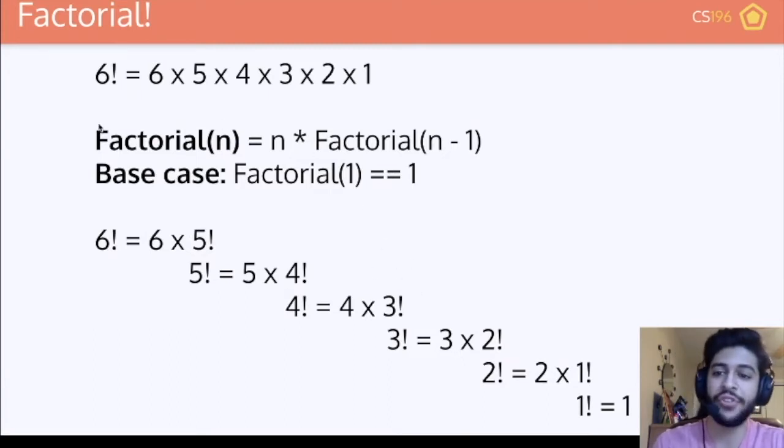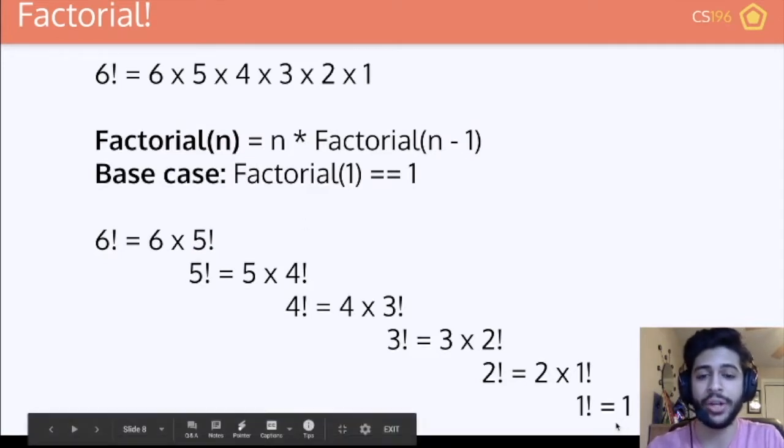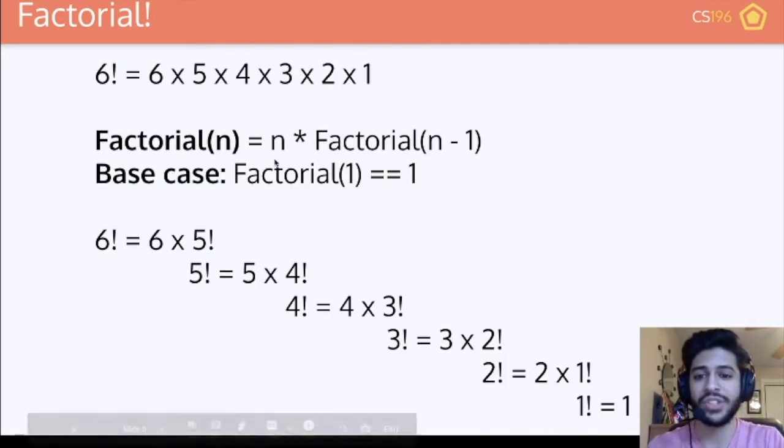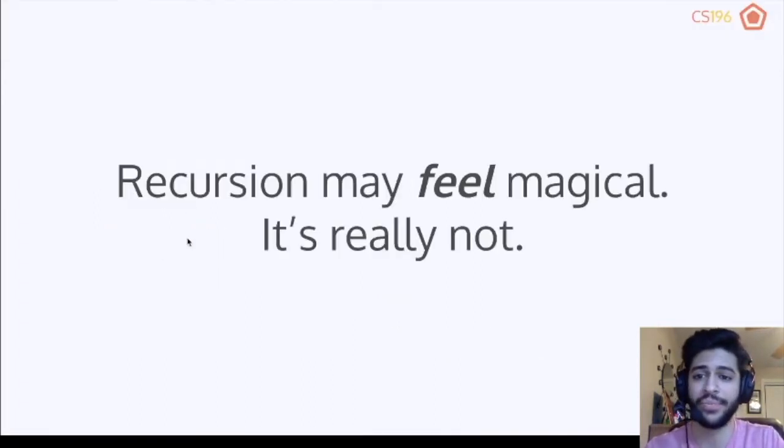The recursive definition is stated here. The base case of this recursive function is 1, where once we hit the factorial of 1, that is the smallest version of this problem that we know. And every single time we make the problem smaller in size, we just set up our function and multiply in the same way that we have here.